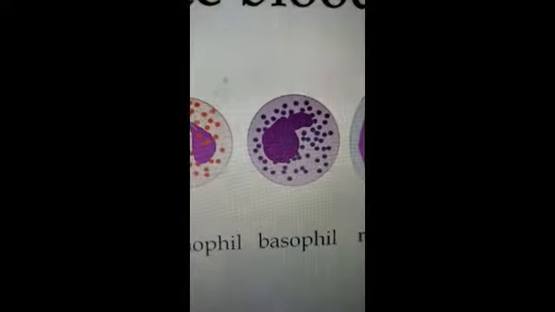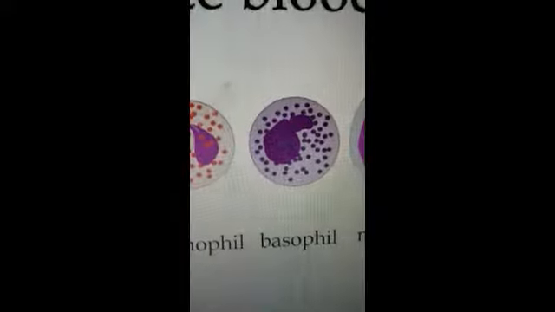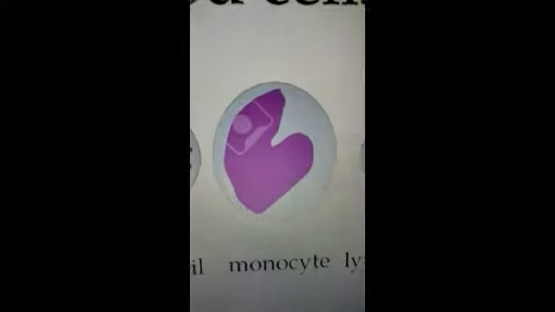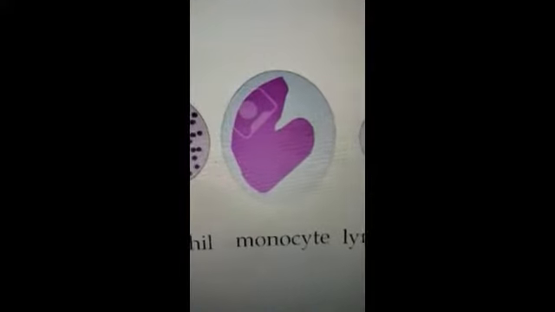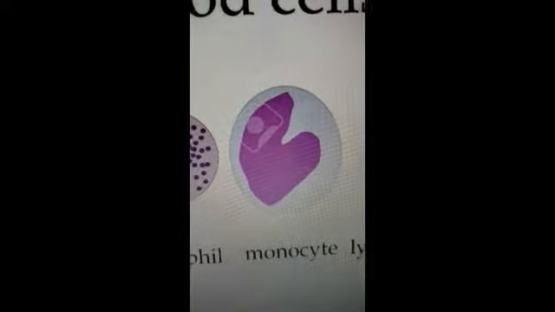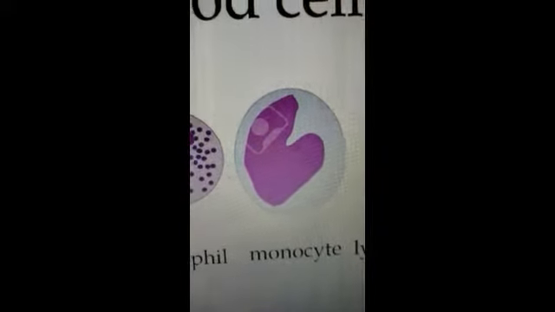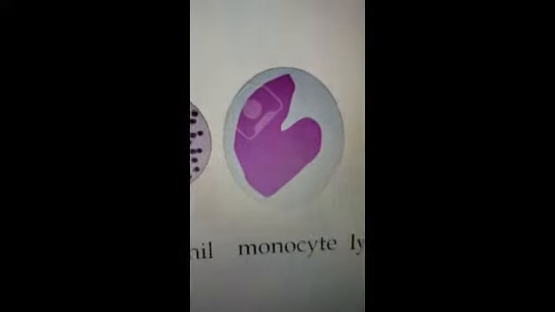It could also be a sign of infection if you're seeing an elevated number of these. Next, we have our monocytes. These are our kind of big cells with our irregular edges in the middle there. Almost looks like our band neutrophil or our eosinophil in that middle C area, but kind of larger, more jagged. An increase of monocytes is usually caused by an infection somewhere in the system.